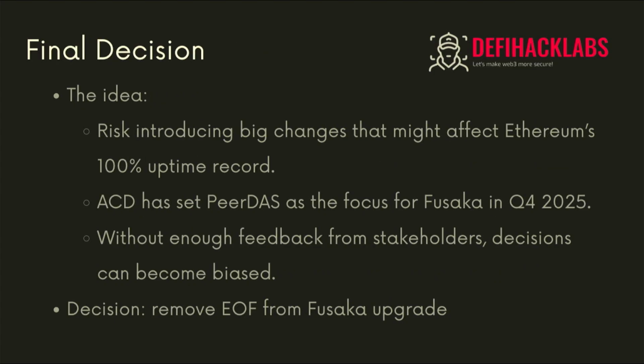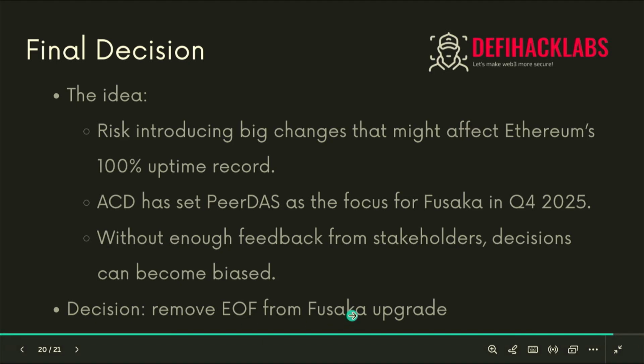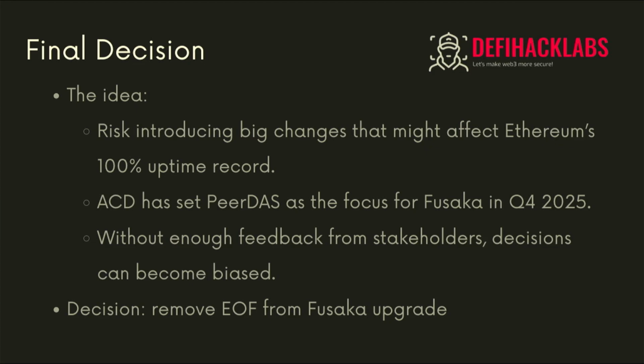So the final decision is to remove EOF during that meeting. The idea is that we don't want to take the risk of such big changes that might break Ethereum's 100% uptime. The second reason is that there's not much backward compatibility analysis, so this change might break some applications' assumptions.